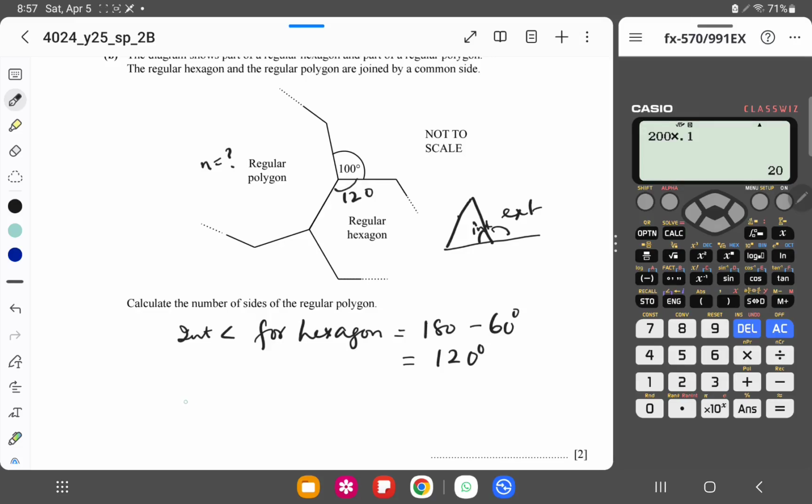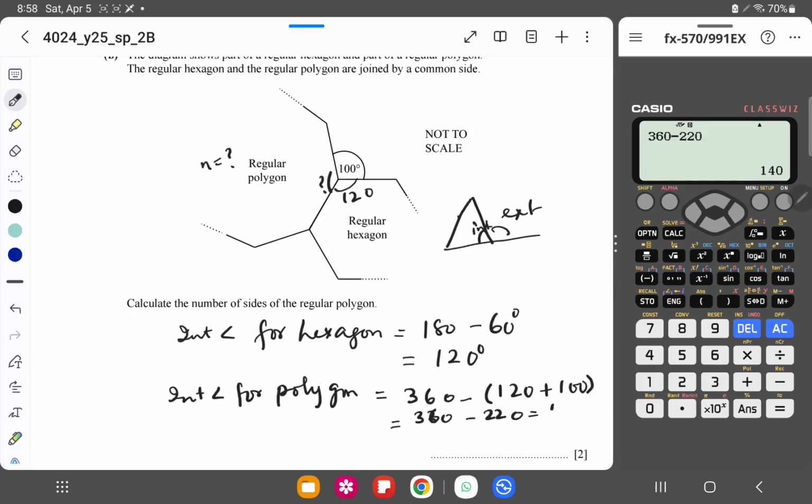So the interior angle for the polygon will be 360 minus, because it's a complete circle, so we are going to find this angle. 360 minus 120 and 100, 360 minus 220, which is equal to 140.